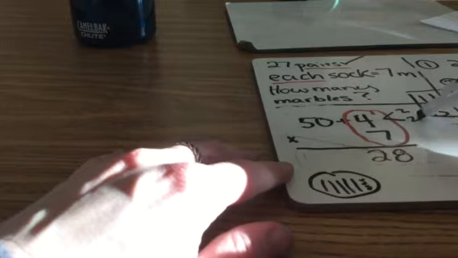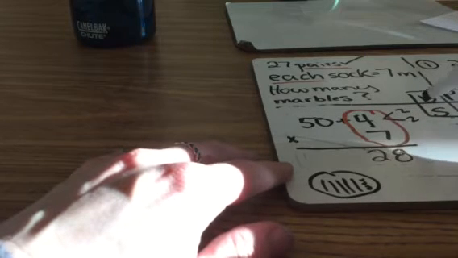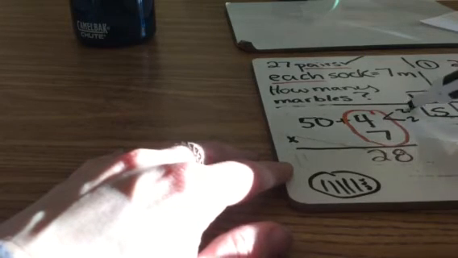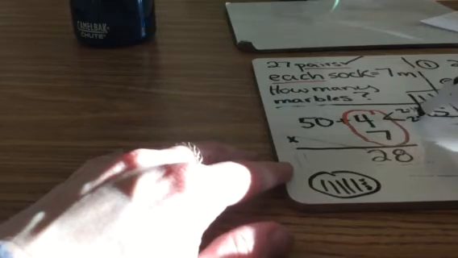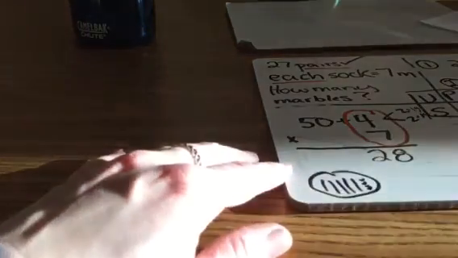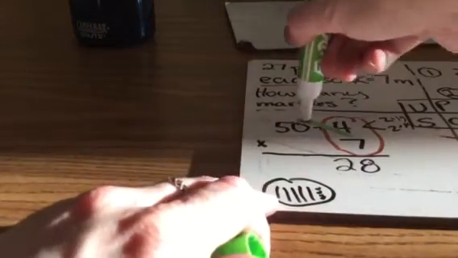I could split the 4 into a 2 and a 2. 7 times 2 is 14. 7 times 2 is 14. Add it together is how I got 28. Okay. Next, I need to do 7 times 50, which is really 7 groups of 5 10s.